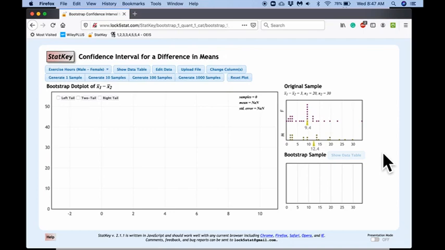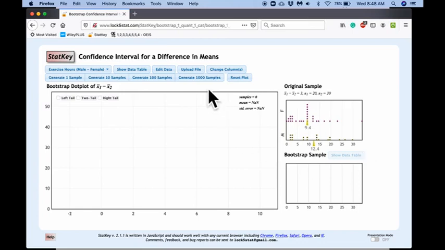That is a difference of 3 in the samples. But as we know, when we go from sample to sample, the difference between these x bars is going to vary. And so what is bootstrapping doing? It's allowing us to see how that variation plays out if we were to repeat this experiment over and over and over again with 20 males and 30 females being selected each time.